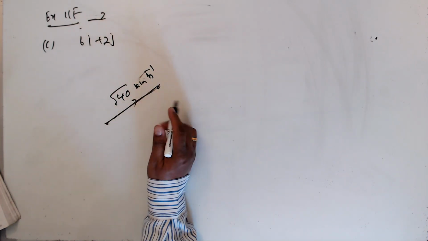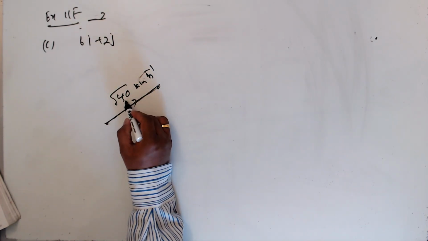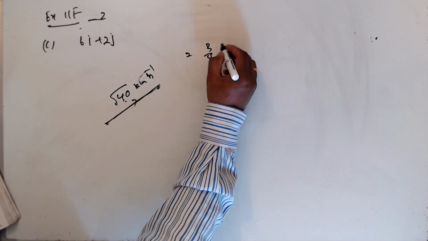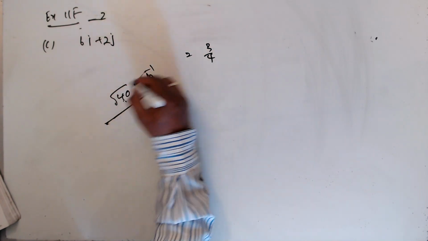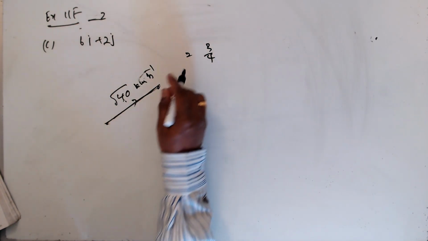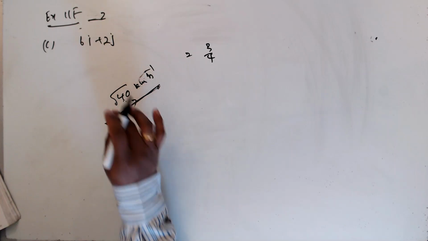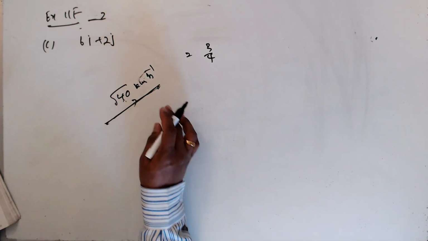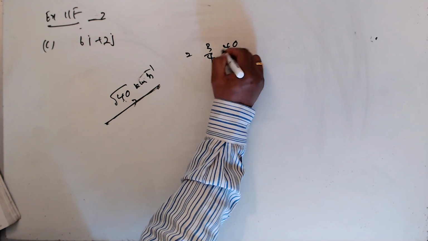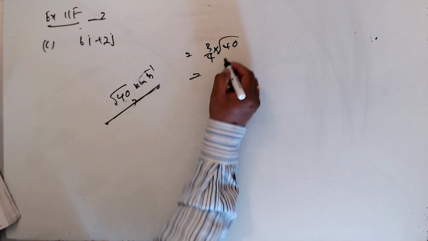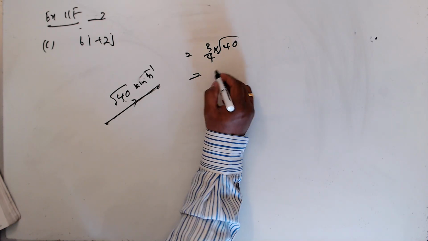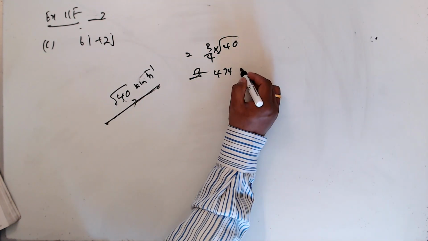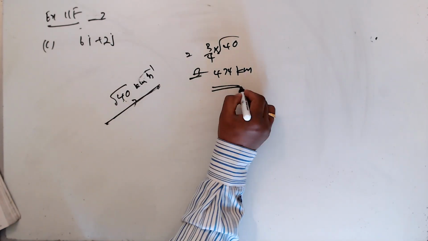For 1 hour, you go square root 40. So 3/4 of this distance, that is going to be 4.74 approximately kilometer.